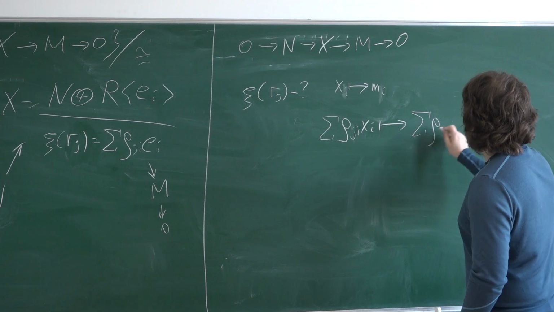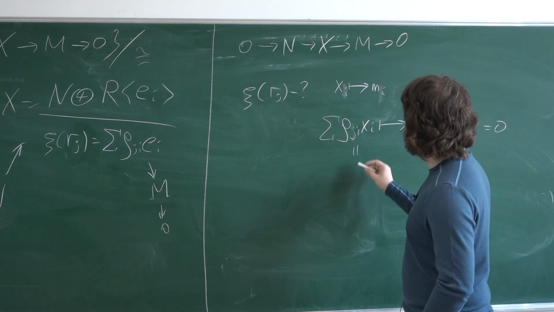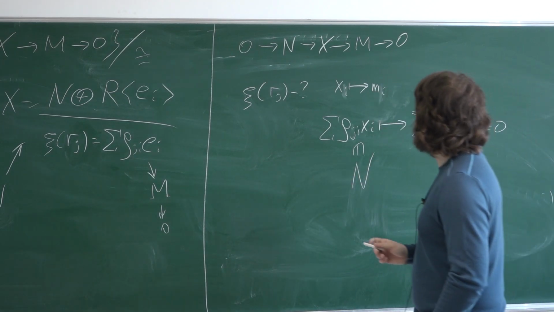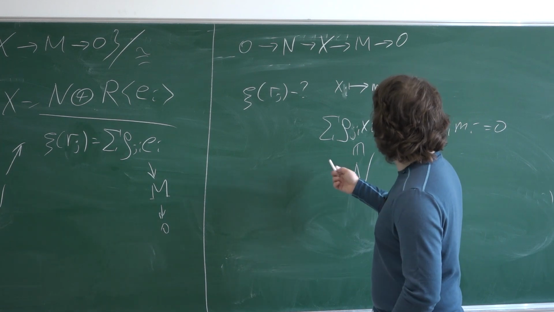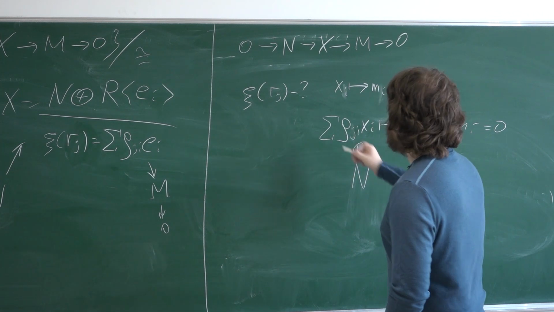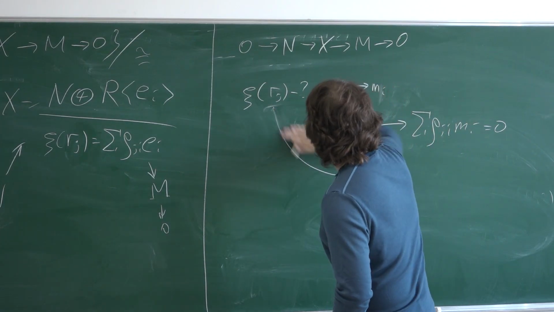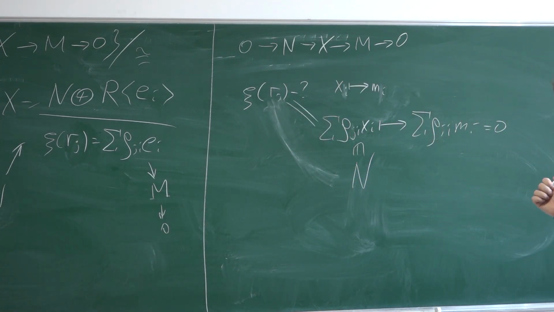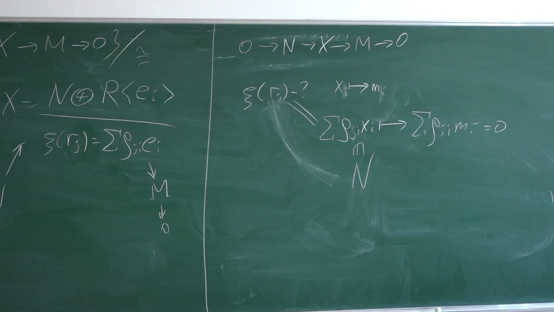It's a basic relation. So it's an element from N, and r_j goes to this element. Okay? It's an element from N because it goes to 0 in M.